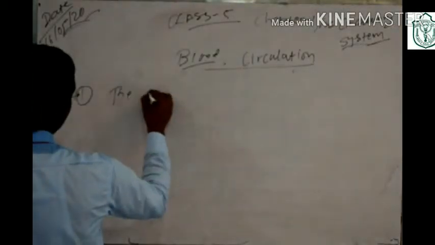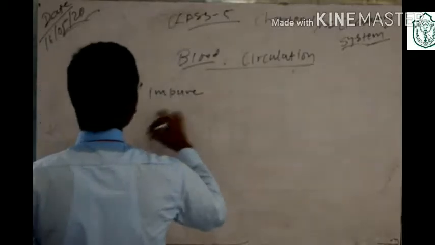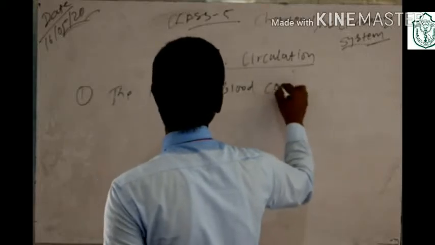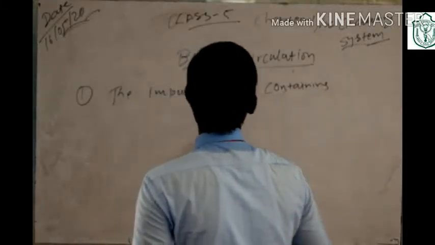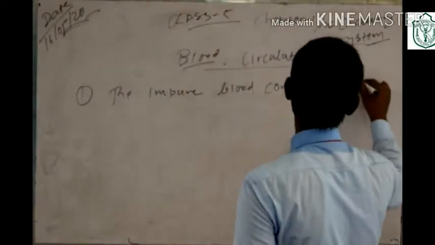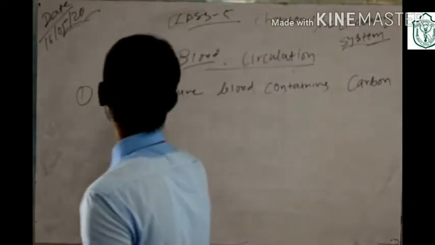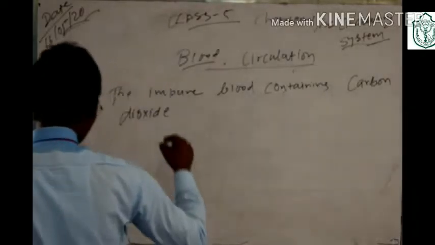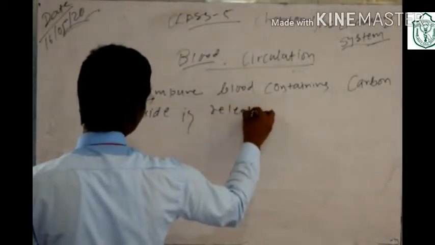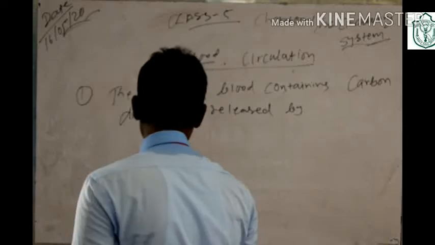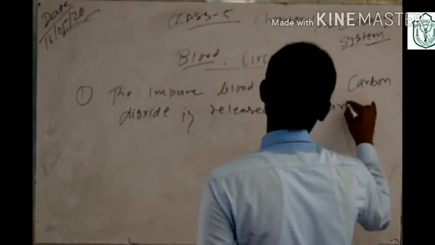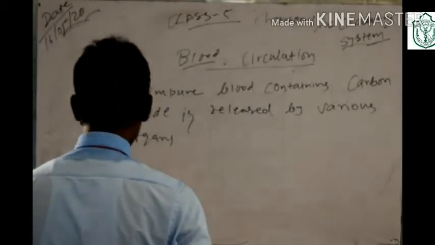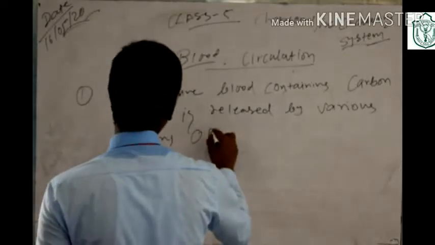The first is the impure blood. The impure blood contains carbon dioxide, which is released by various organs of our body.